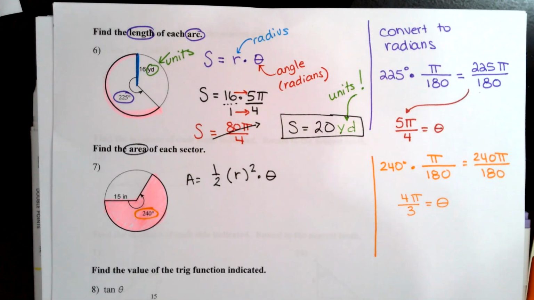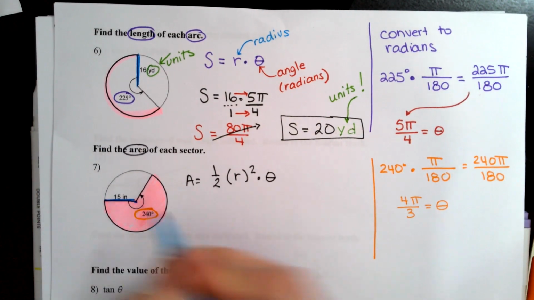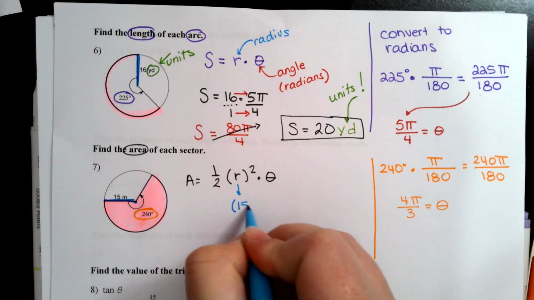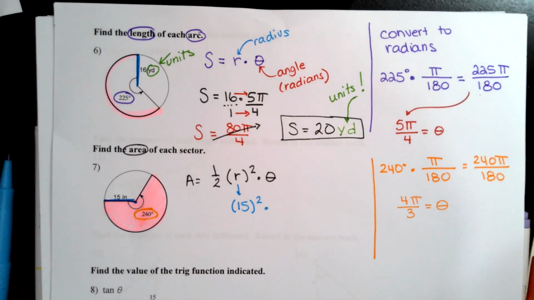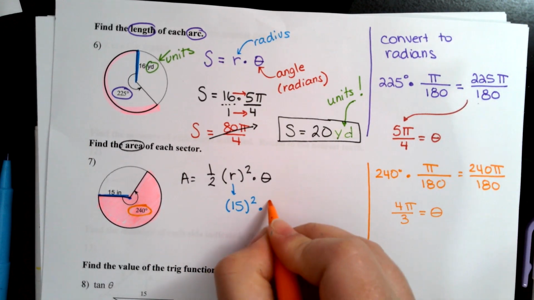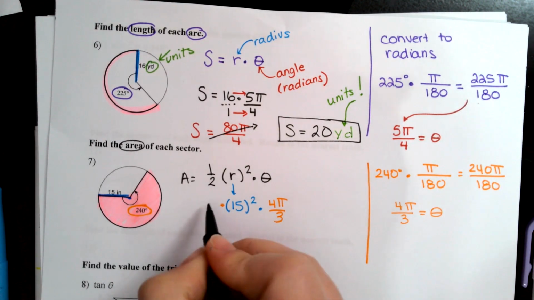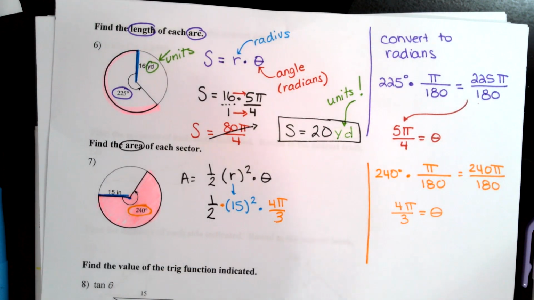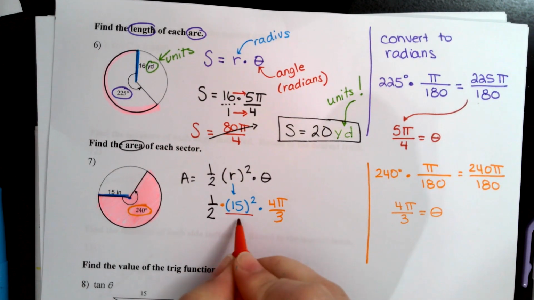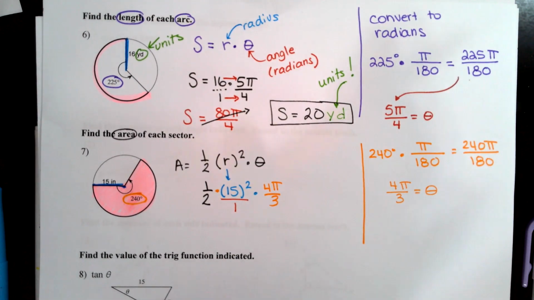My radius is 15. My angle is 4 pi thirds. And we still have that 1/2 here. So my recommendation for doing something like this is you're going to put a 1 underneath it, and you're going to multiply straight.